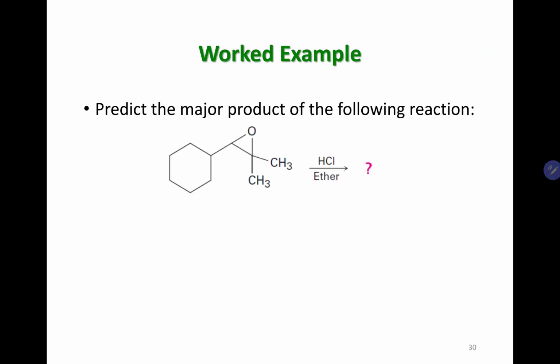All right, here is a worked example. See if you could do it without my help. Pause the video and try this, and then we will do it together. The compound that you have here has an epoxide ring, and you are using a strong acid in anhydrous medium.